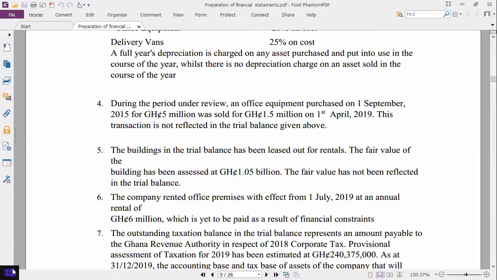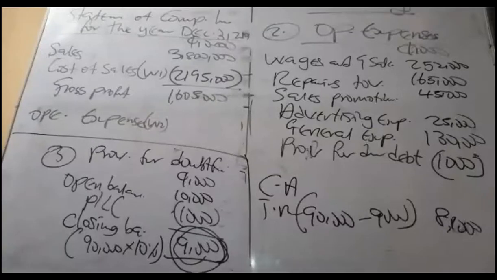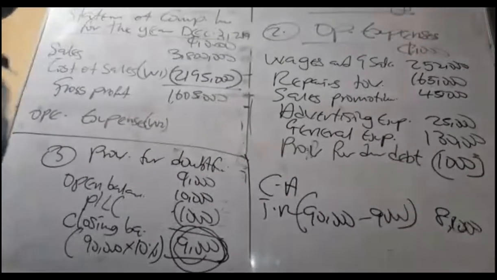So in short, they entered into the contract on 1st July. So 6 months to the year end. But this 6,000 is for the entire year, so you have to take 6 months out of it. So let's go. I write rent owing.